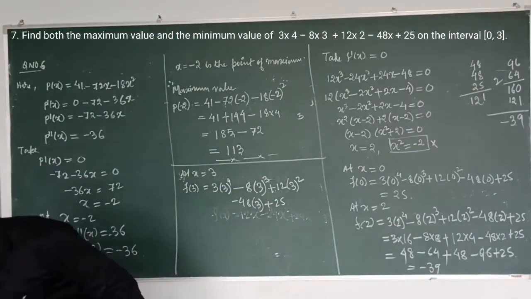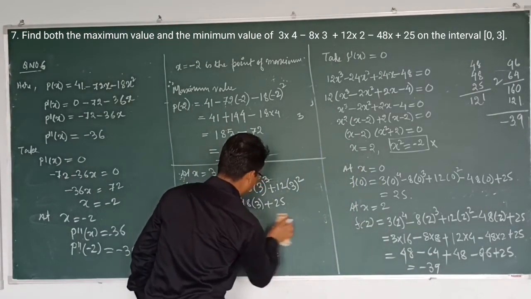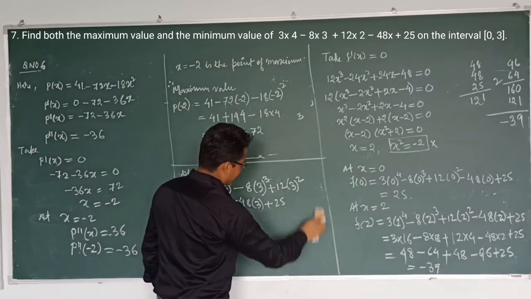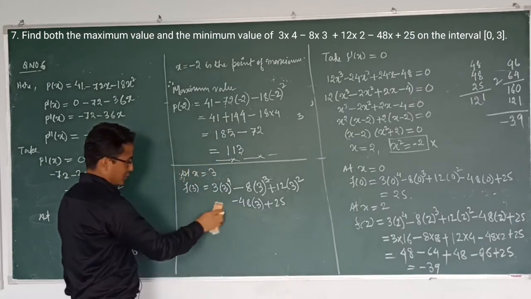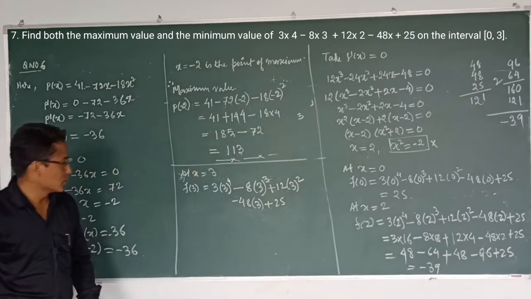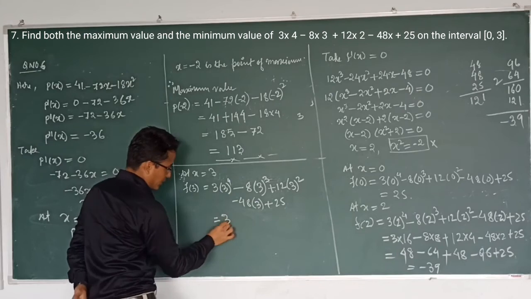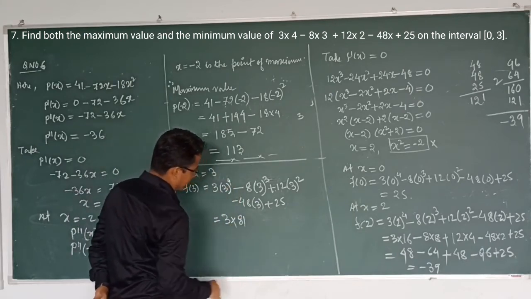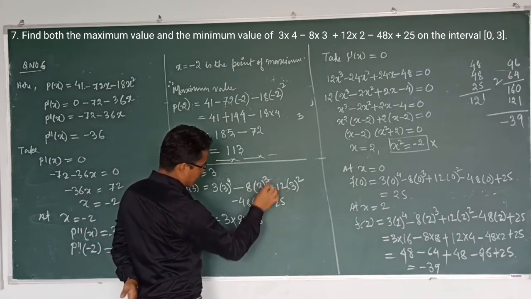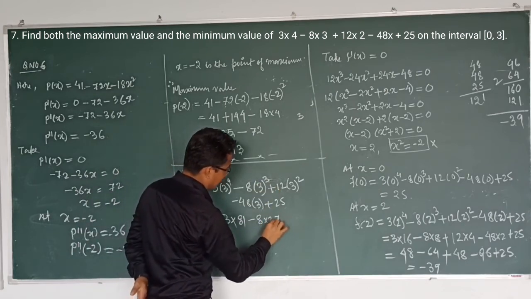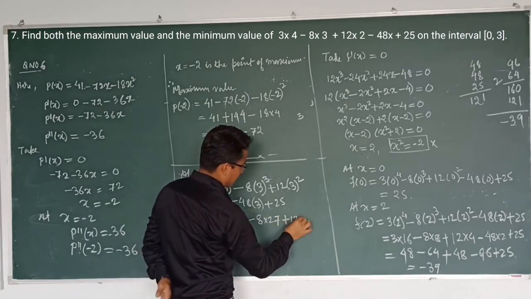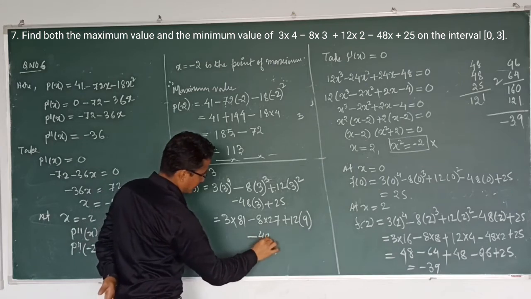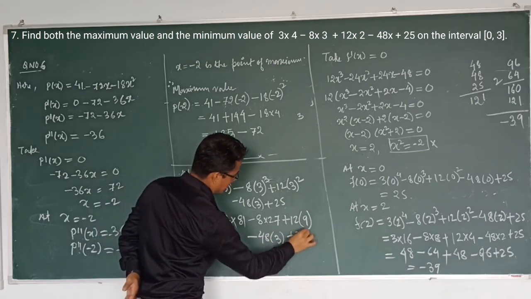so simplification is a little difficult. Take care, okay, otherwise this very easy simplification you are going to get wrong. So here you will see that 3 to the power 4 means 81. Okay, then this is 8, 3 to the power 3 is 27, then plus 12, this 9, okay, then this 48 into 3 plus 25.